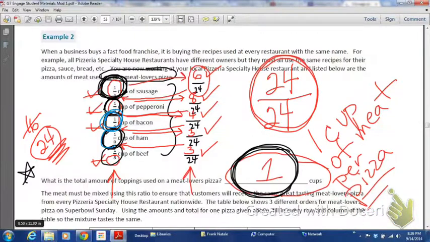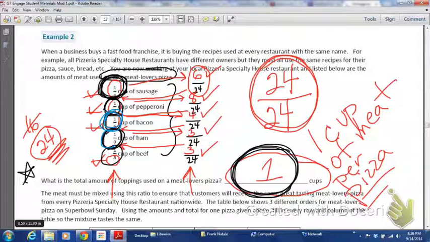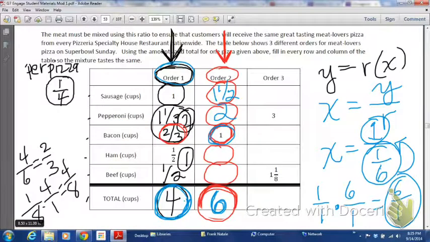Pepperoni was 1/3, so 1/3 times 6 is 6/3, which is 2. That's 2 cups of pepperoni. 1 cup of bacon makes sense, because 1/6 times 6 equals 1. Ham was 1/8. 1/8 times 6 is 6/8, which is the same as 3/4, and then we have 3/4 again.